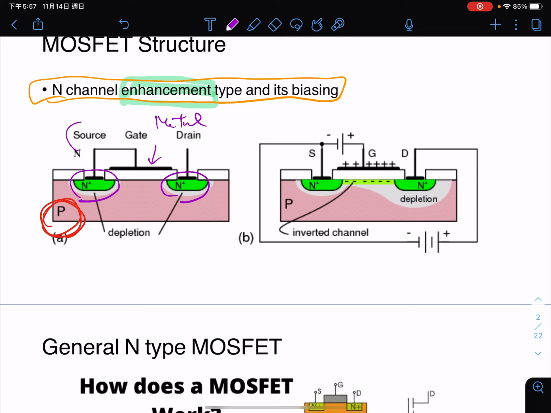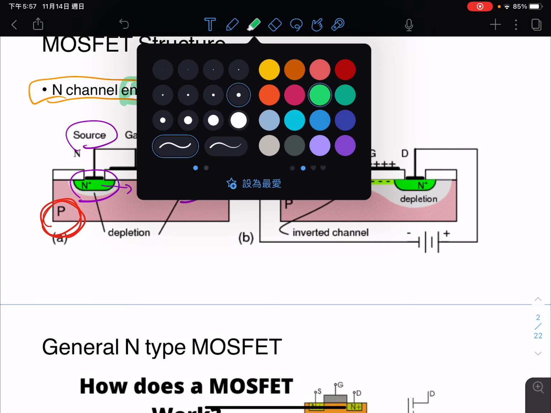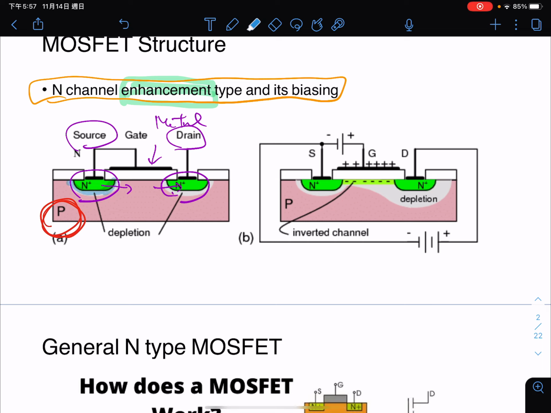Originally the source and the drain are not conductive, because we cannot have the N go through P and the P go through N, because we have the depletion region here. So it is impossible for the current to flow from N to P and from P to N.